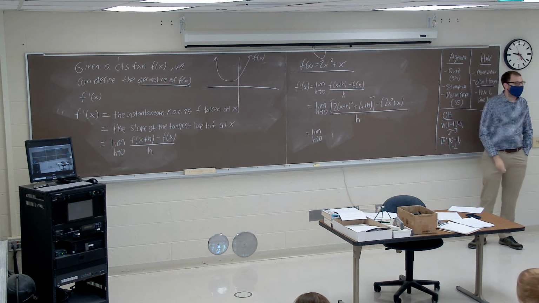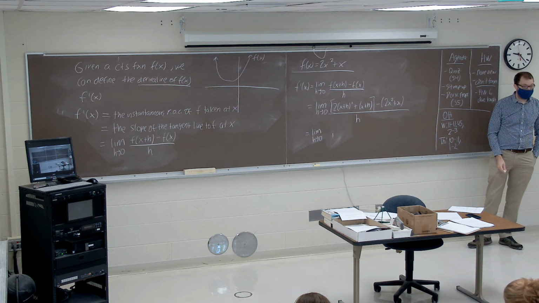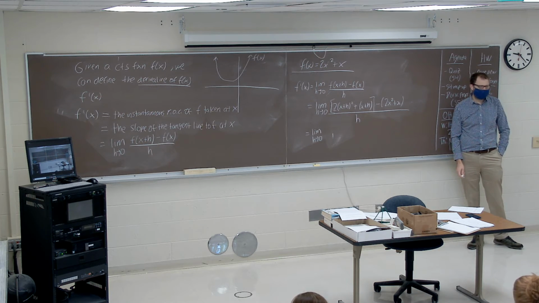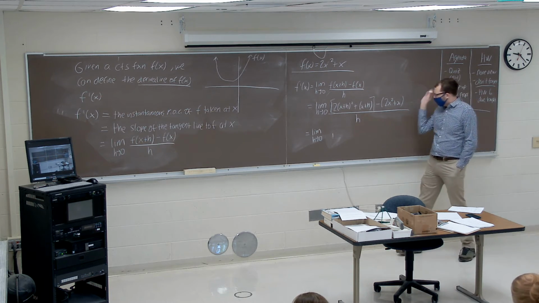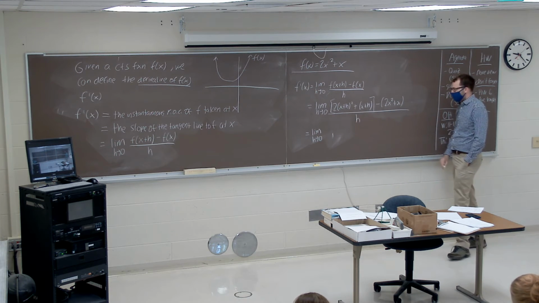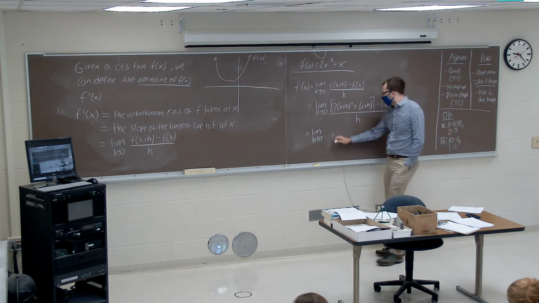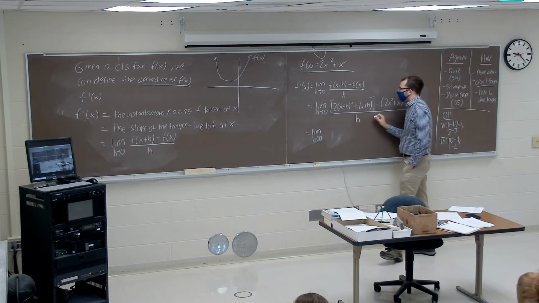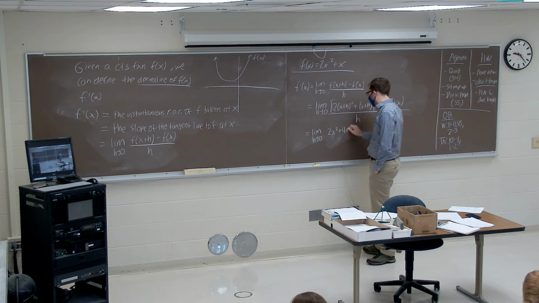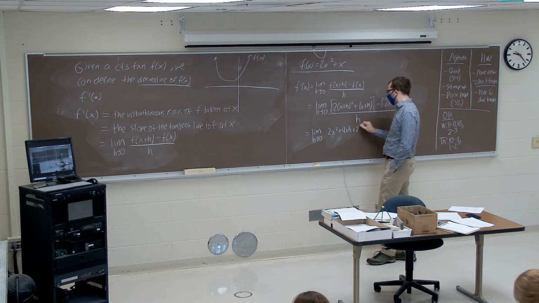And now, we just have to do what we've done back in standard 4. We're going to multiply this out and simplify as best as we can. So if we multiply out this quadratic, I think we're going to get 2x squared plus 4xh plus 2h squared.